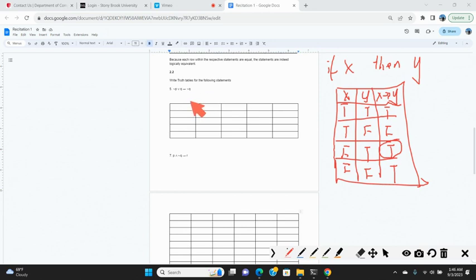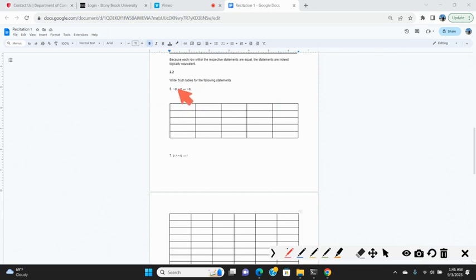So let's apply this to a compound statement like negation P or Q implies negation Q. We have two variables here, so four rows for the truth table. We have P and Q here, and so we have T, T, F, F, T, F, T, F. I'm going to skip another step here.